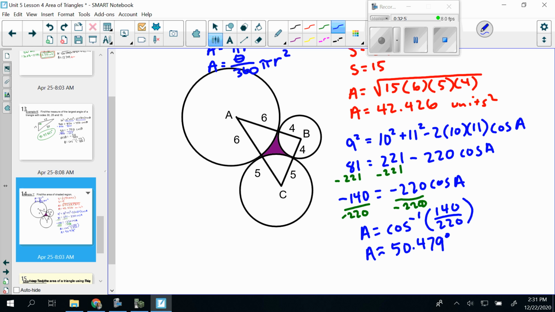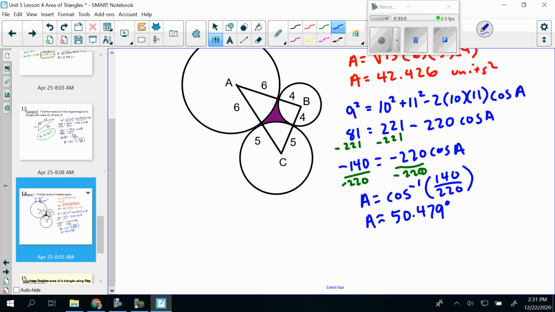Now, to find the sector here, we're going to use that angle and the area of a circle.